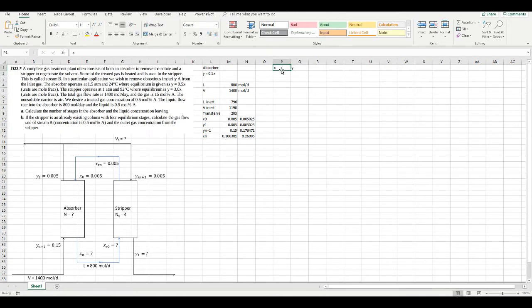We have our liquid mole fraction and our gas mole fraction, and when we're tracing this, we're going to choose some arbitrary values. So let's choose 0.02, and let's just have increments of 0.02 until we reach 0.20, which is going to be our final concentration here.